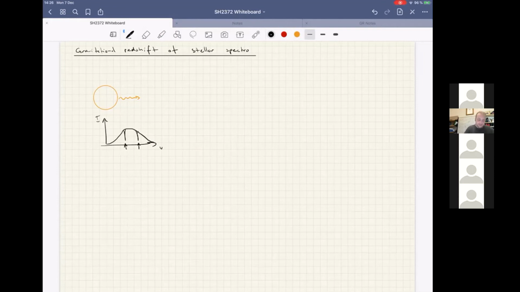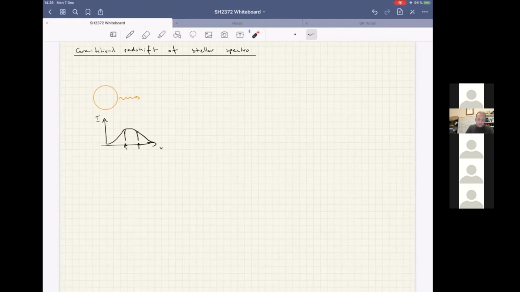It's just that this star is massive, so essentially outside everything is going to be described by the Schwarzschild metric.